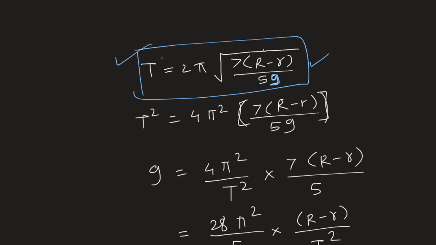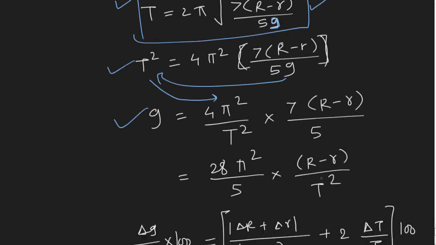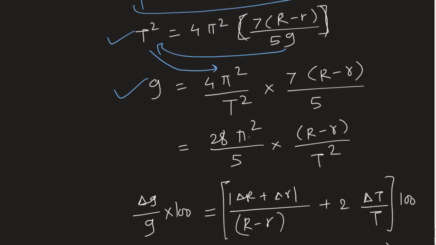So basically we have to take the square of both sides. After that, g will be taken to the left side, and then T square will be moved to the other side. So equation will become g is equal to 4 pi square divided by T square into (7R minus r) divided by 5. So if you solve this further, we will get 28 pi square divided by 5 into (R minus r) divided by T square.